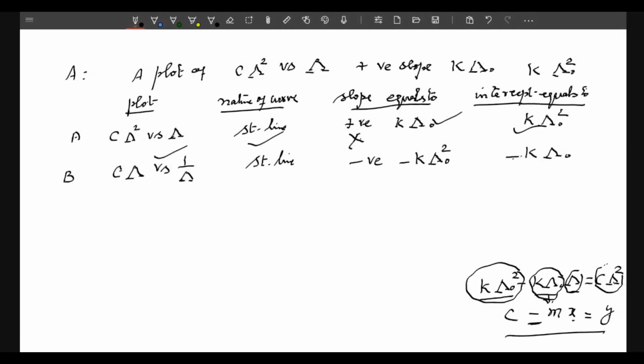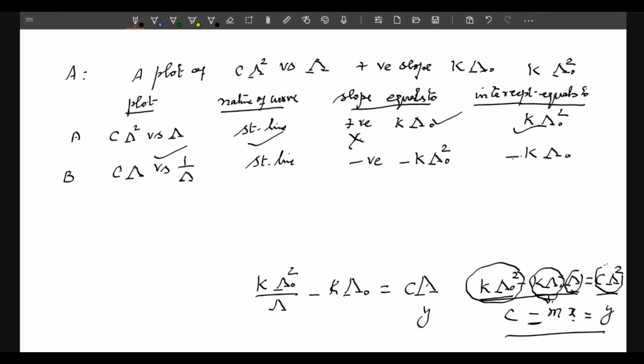How have they changed it? You just divide this equation on both sides by lambda. Now the equation would be K into lambda naught square by lambda minus K into lambda naught, this lambda gets cancelled, is equal to C lambda.